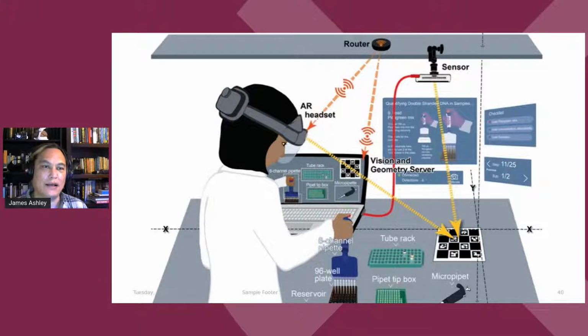Whenever something is recognized by the server, it will send messages over a shared service, say over TCP/IP, to the HoloLens itself. And the HoloLens would translate that into recognition and overlays in front of the field of vision of the user.